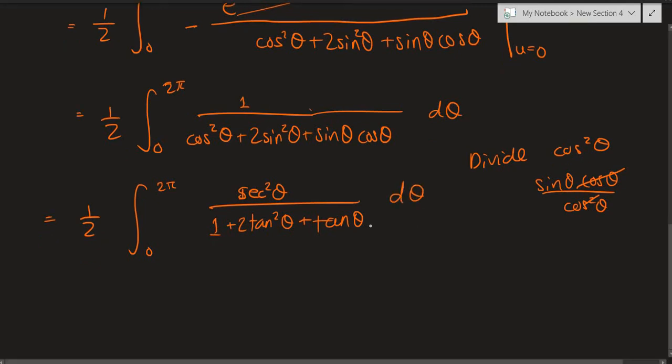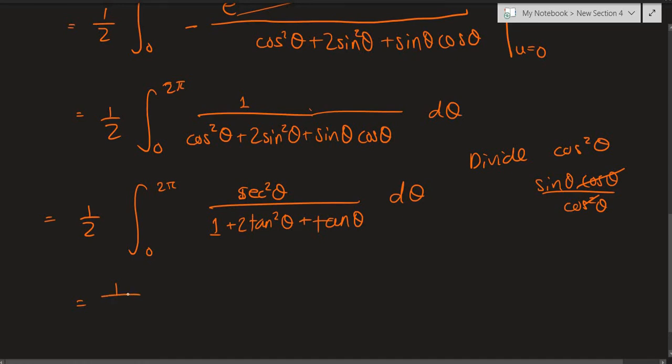and d theta. Now notice that the derivative of tan, or secant squared theta, is in the numerator, so it's pretty interesting. So well, let's pull out this 2 from the tan squared theta.